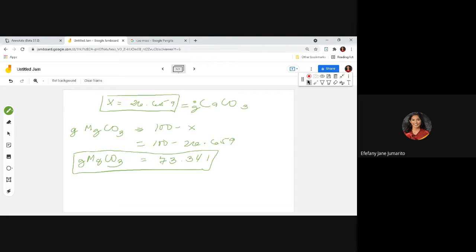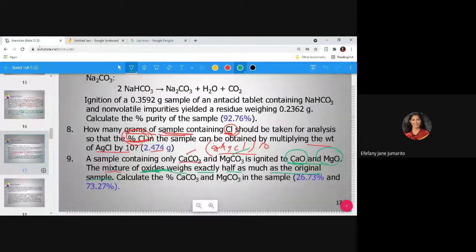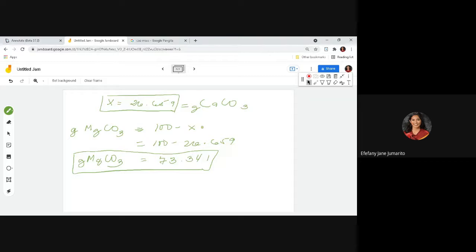Now, let's go back to the problem. Calculate percent calcium carbonate and magnesium carbonate. How do we do that? So let's divide the whole thing.